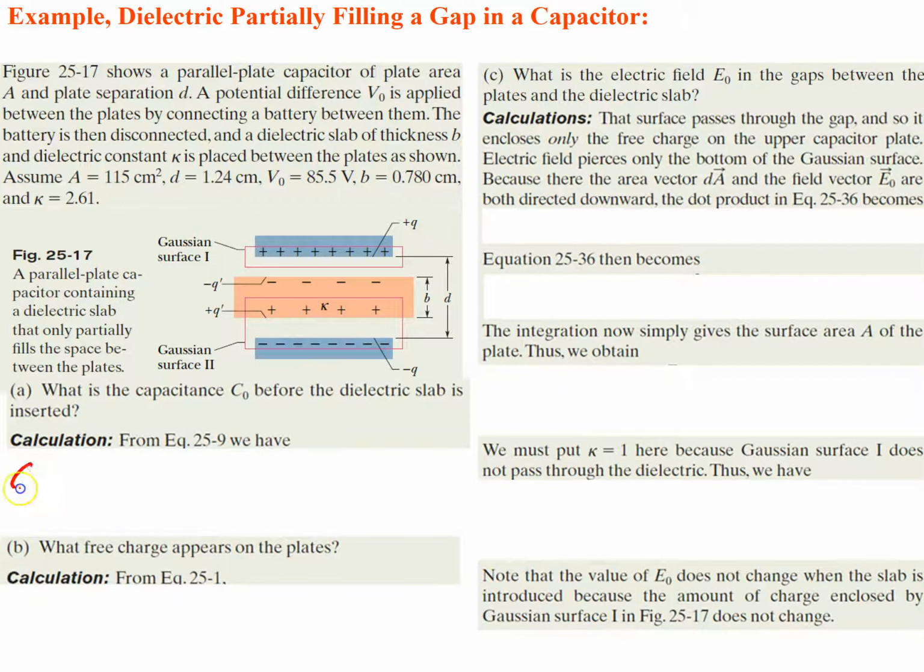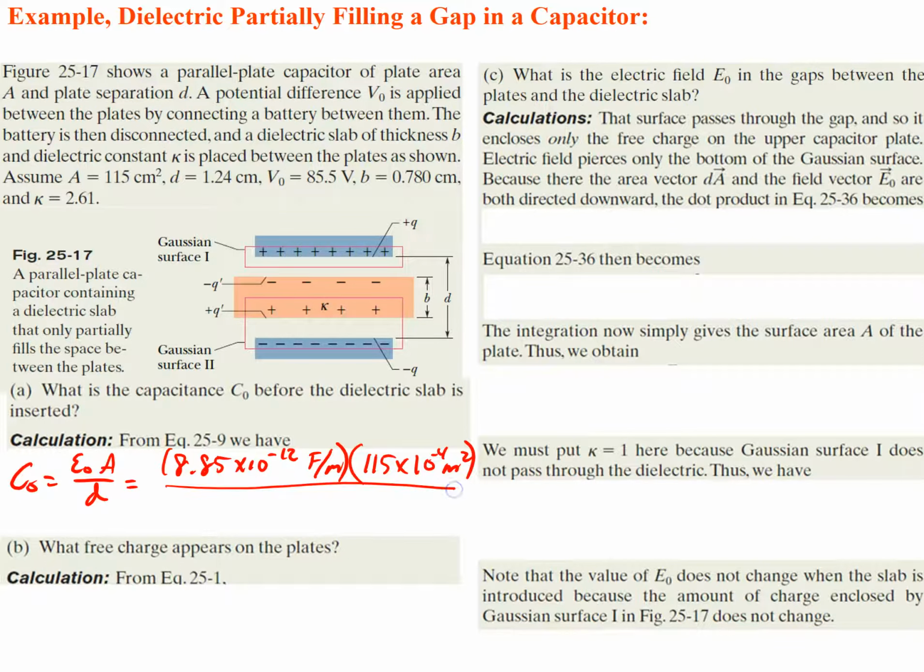Our C naught is just going to be given by our equation for a parallel plate capacitor, so that's epsilon naught A divided by D. That'll just be equal to 8.85 times 10 to the negative 12 farads per meter, multiplied by the area, which is 115 times 10 to the negative 4 square meters, divided by our distance, which is 1.4 times 10 to the negative 2 meters.